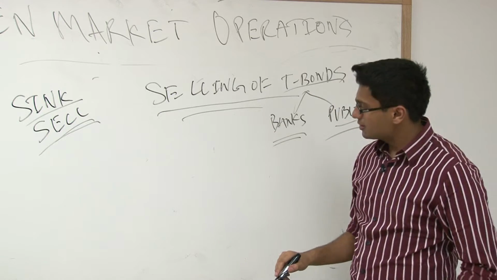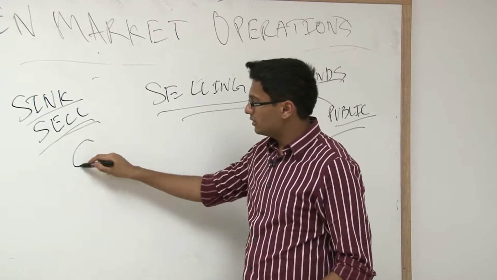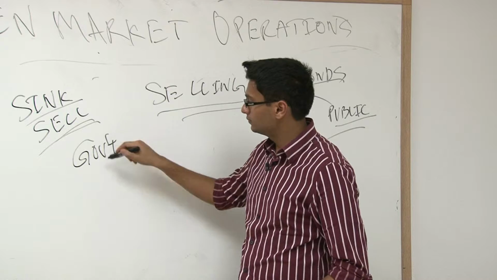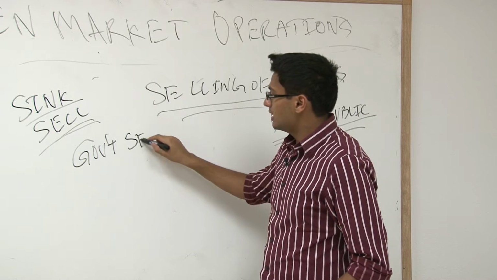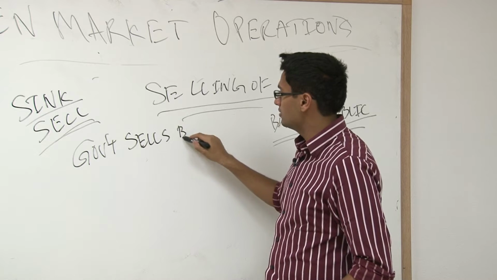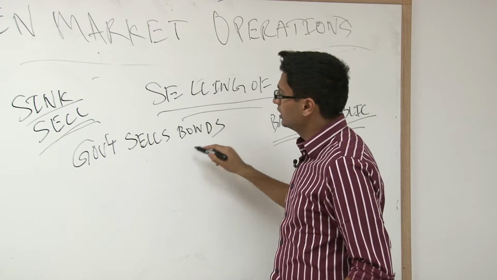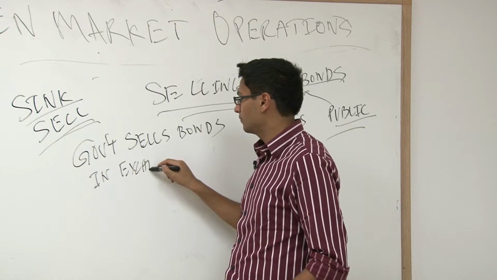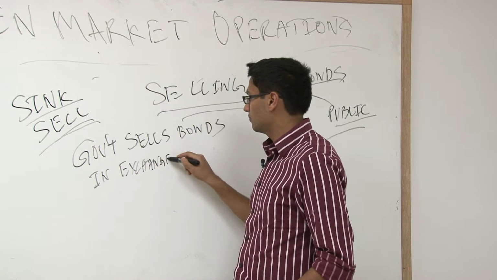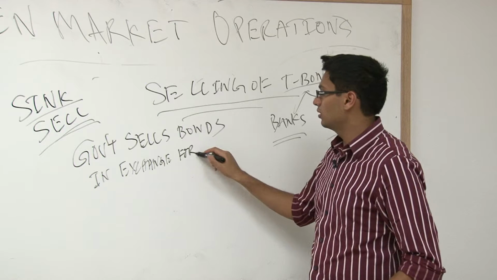So what happens is that the government sells bonds in exchange for money.